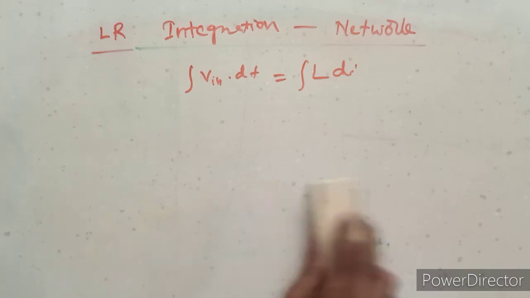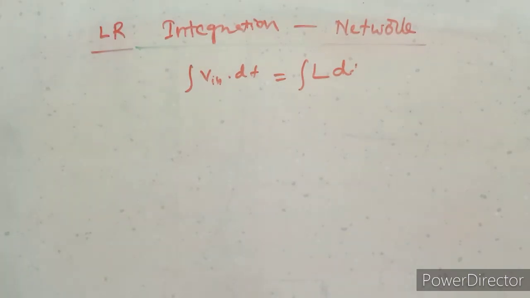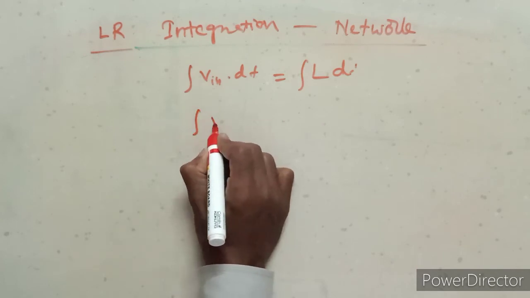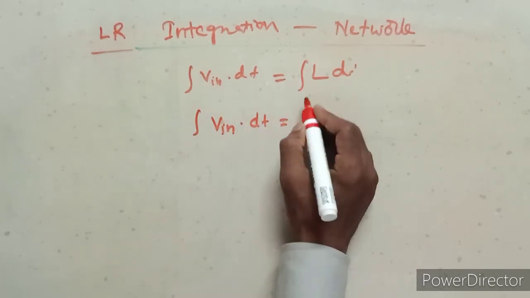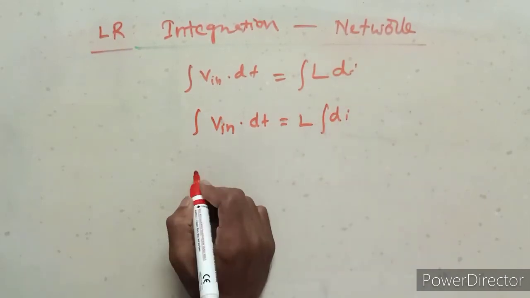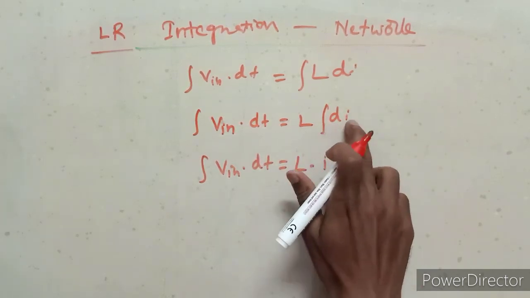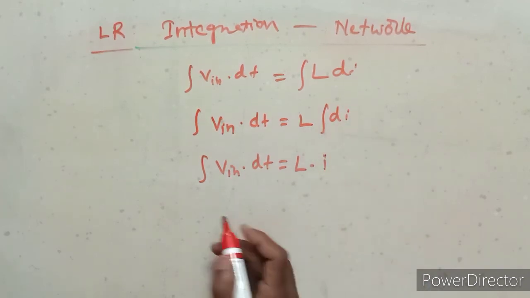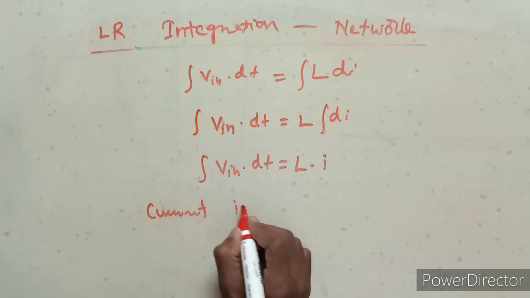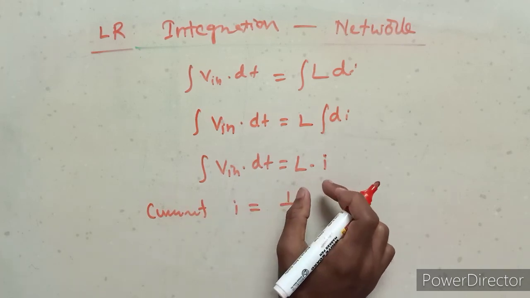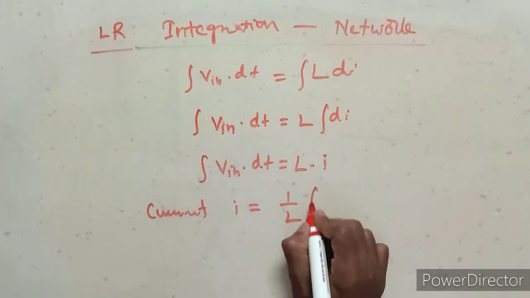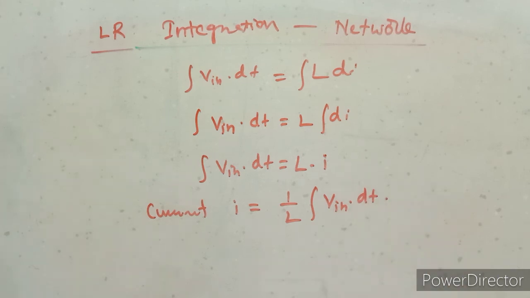L is constant, so the integral of input voltage dt equals L times I, since the integral of di equals I. Then current I equals 1 upon L times the integral of input voltage dt.